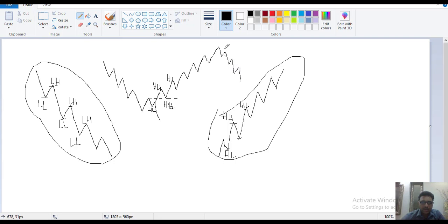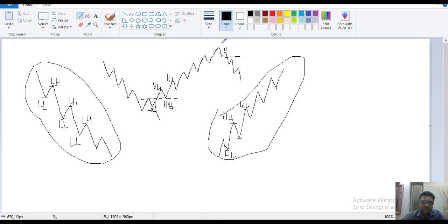It made a lower high and then it broke this area, right? This point. When it went to uptrend from the downtrend, it broke this area and we officially knew the trend had reversed.